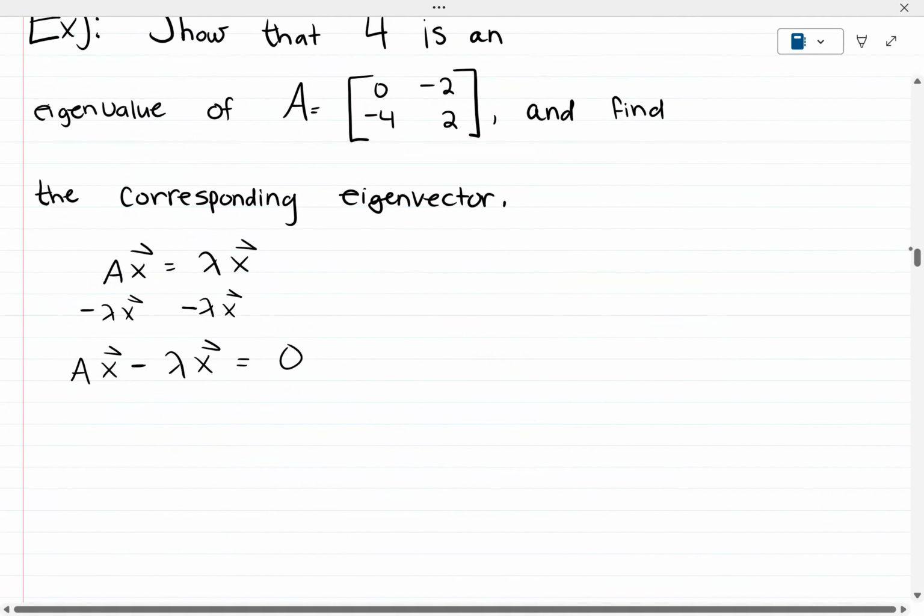So if we factor out vector x, that's going to be A minus lambda I times vector x equals 0.